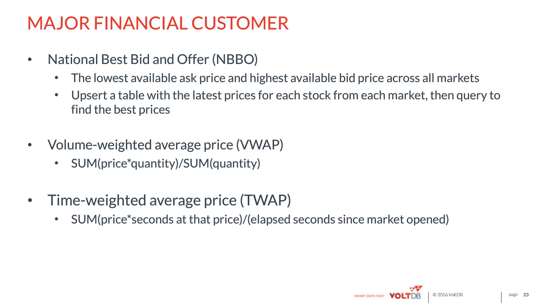One of our customers is a major financial bank. Unfortunately, we cannot share the name here, but the way that they use VoltDB is to get trade data and quotes data come in, correlate the data between these two streams and align them by timestamps, and calculate the national best bid and offer to make sure that they are within the compliance limits of ensuring that their traders are indeed seeing the NBBO.